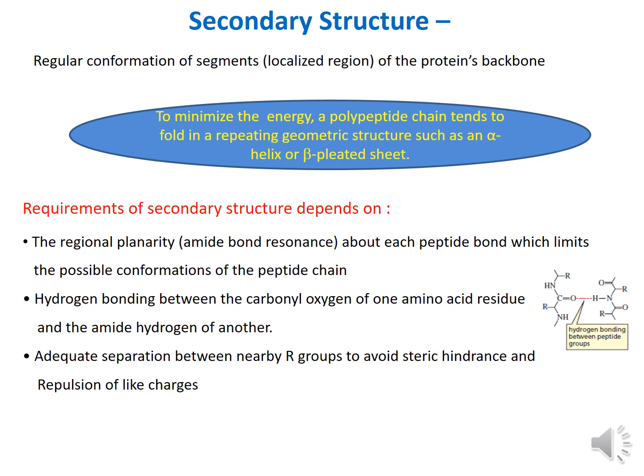Remember, they exist in two forms, helical structures and beta pleated structures. The requirement of secondary structures, as far as these two, alpha helix and beta pleated sheets, depends on three aspects.